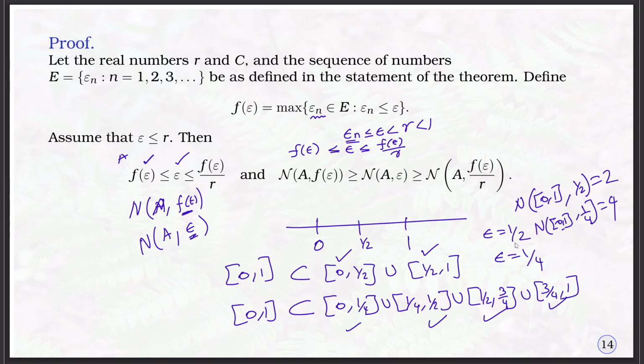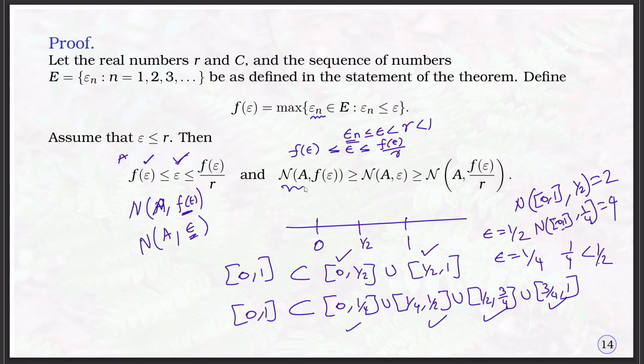One can understand here 1 by 4 is less than 1 by 2. If the radius is less, that means you are covering this box 0, 1 by the smaller boxes; with radius 1 by 2 you are getting 2, here it is 4. If your radius is less, the number of boxes will increase to cover the whole, that applies here.